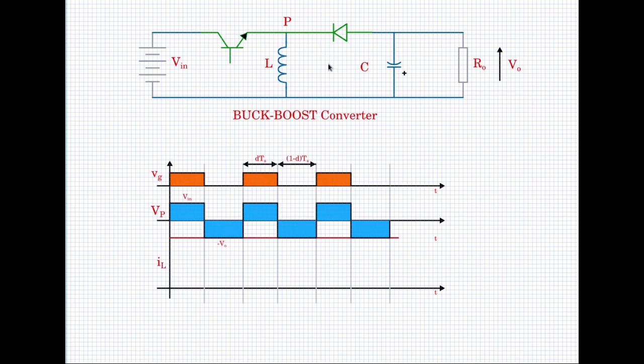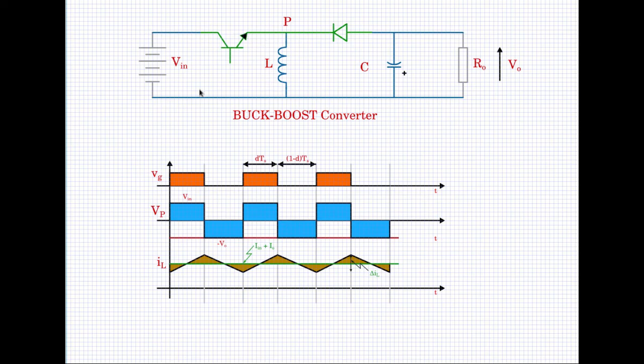And coming to the current wave shape, the inductor current will be similar, except that the notation will change. This average value will be I in plus I naught. You see that the average value of the current flowing during the time when this is on is I in. During the time this is off, the current flowing here is I naught.